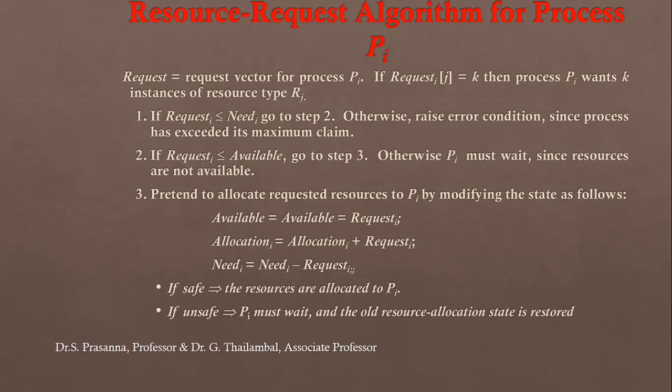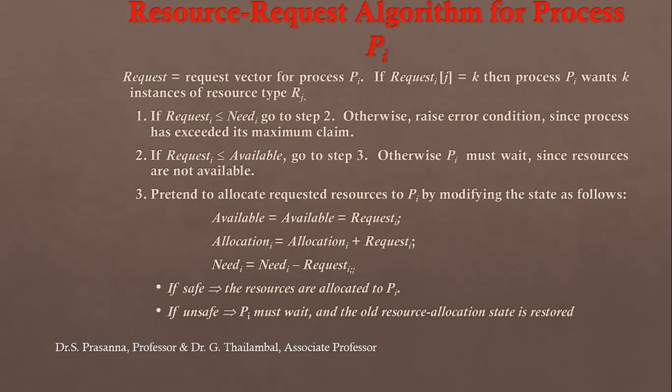Need minus request. The request is 10, but it needs 50 to complete its execution. Already 10 is allocated, so 50 minus 10, 40 is needed by the process to complete its execution.